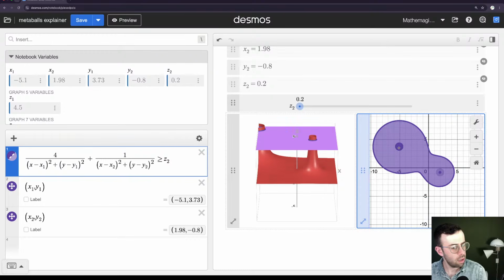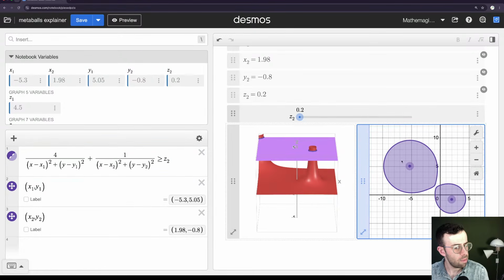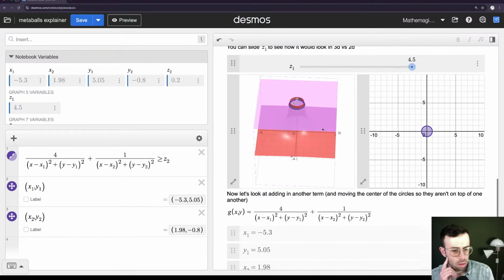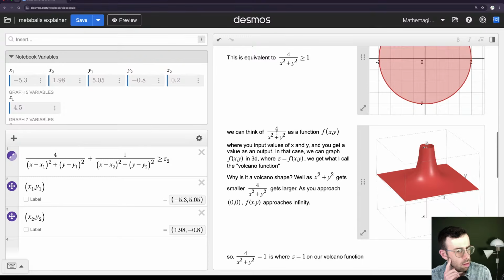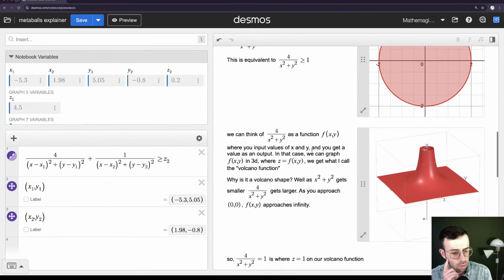I'm wondering, is the radius of this circle 4? Might be. What math did I do wrong up here? So radius 2 made sense.